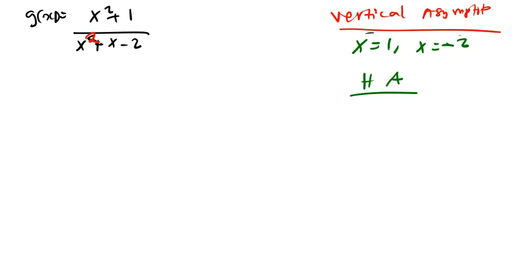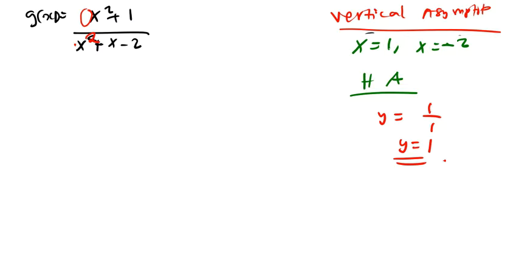In that case, we just divide the coefficient of those two which have got the same powers. Does that make sense? So in this case, the coefficient here is 1. I divide it by the coefficient here again is 1. So the horizontal asymptote is y is equal to 1.